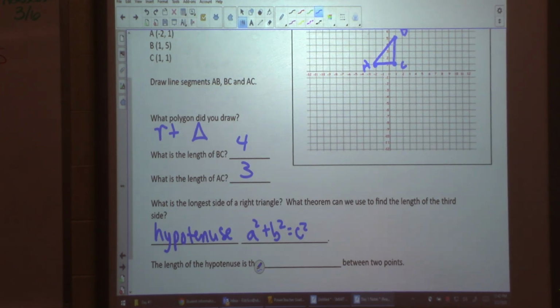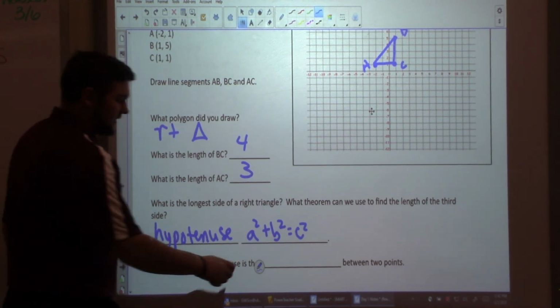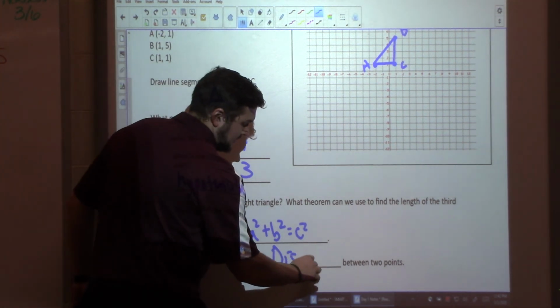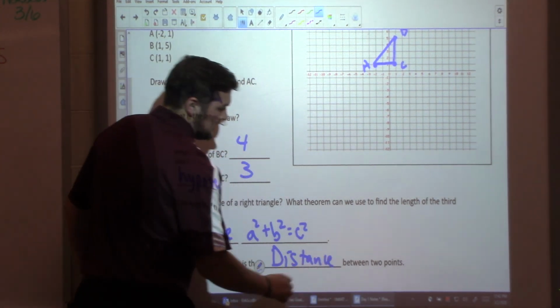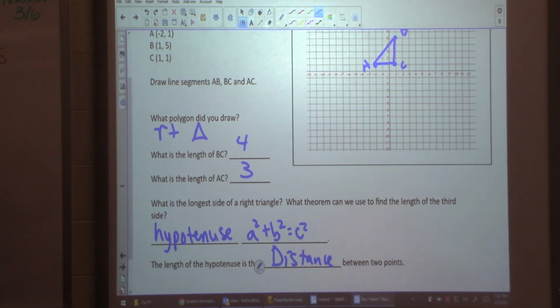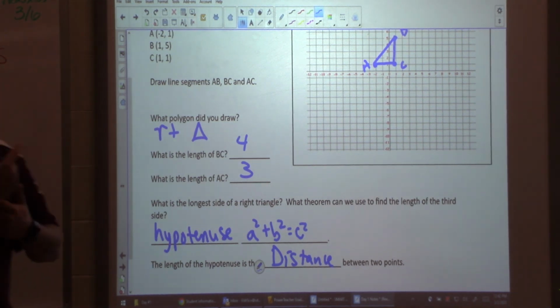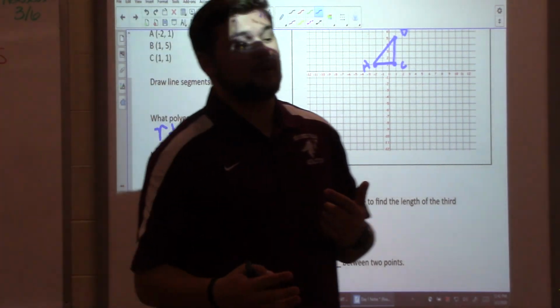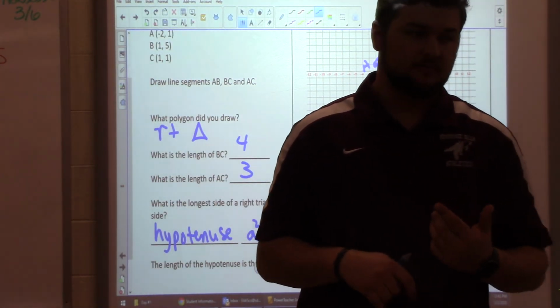But the important part is the length of the hypotenuse is also the what between A and B? It's the distance, right? So when we do the distance formula today, we're technically using the Pythagorean theorem to solve for distances between 2 points. The whole distance formula comes from the Pythagorean theorem.